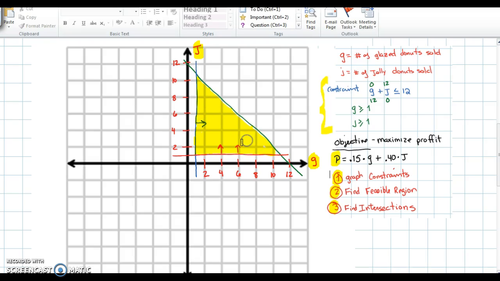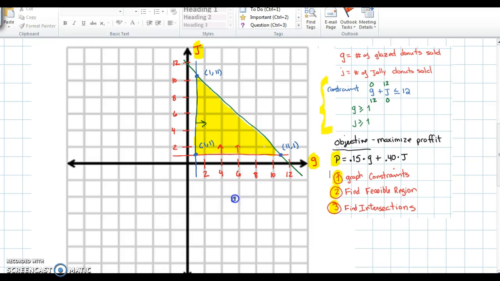And so in this case, by inspection, you can pick out your intersections pretty easily as (11, 1), (1, 11), and obviously an intersection here at (1, 1).